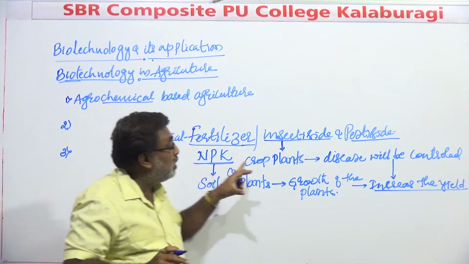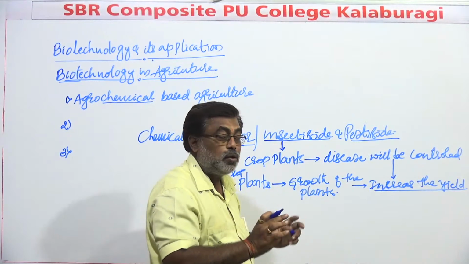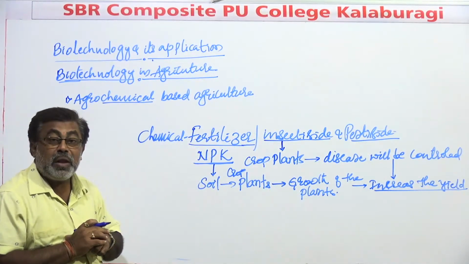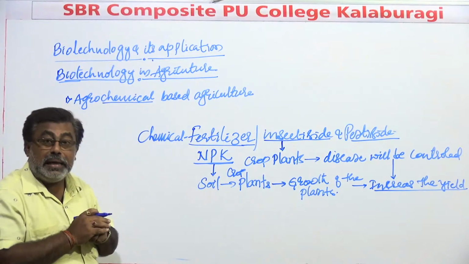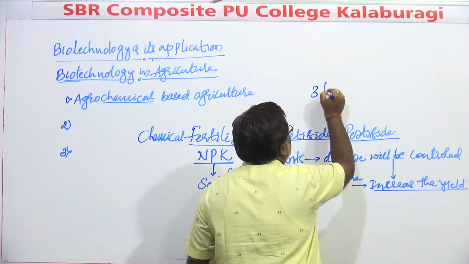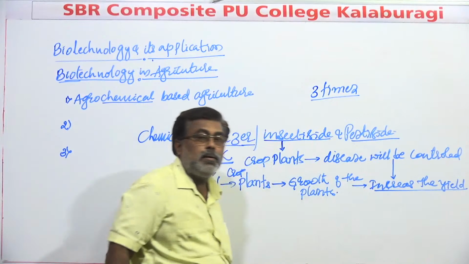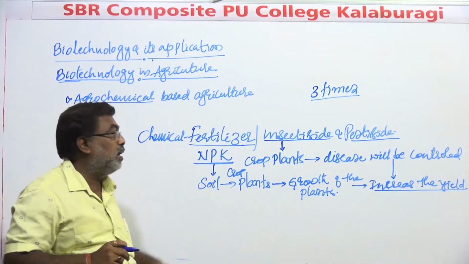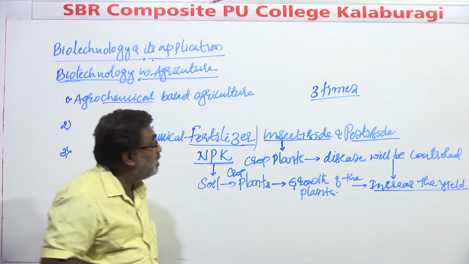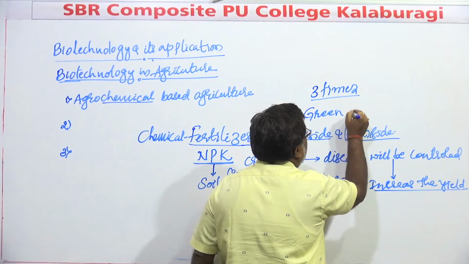So how is it possible? By using the insecticide and pesticides. At the beginning, the yield of the plant will be increased 3 times. So this we call the green revolution.